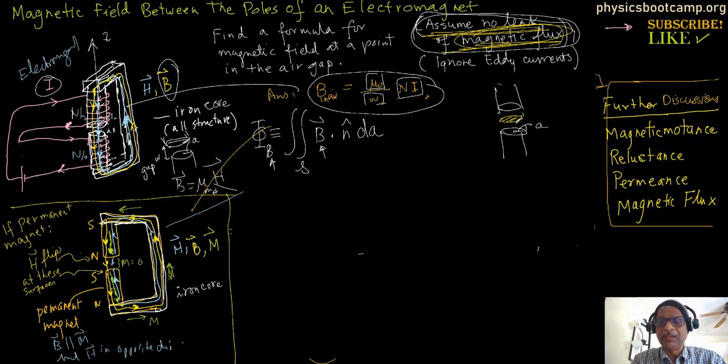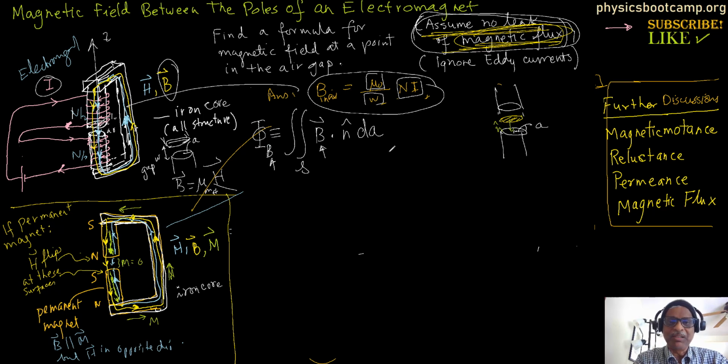That's the area over which we integrate. If the field is going down, let the normal be in the same direction as the field, and assume that B is uniform on this.